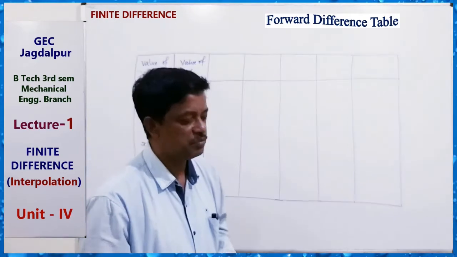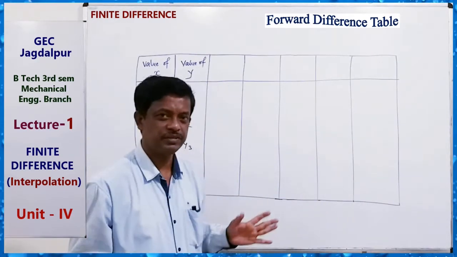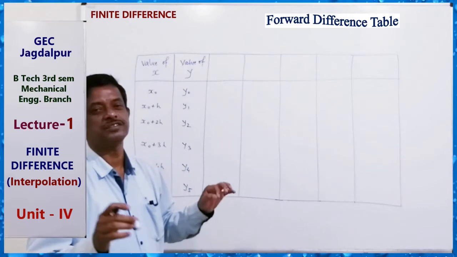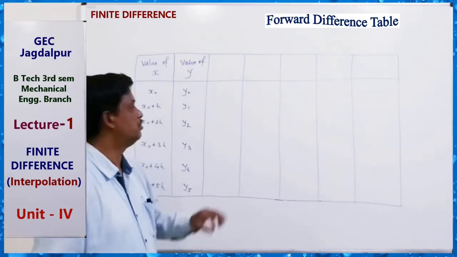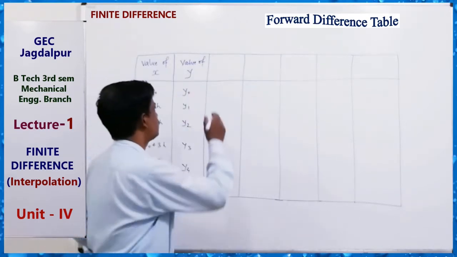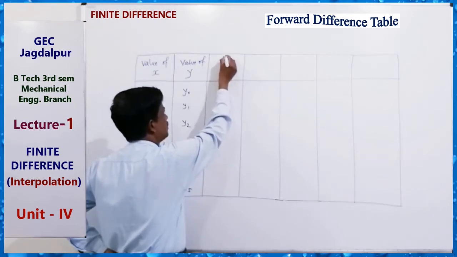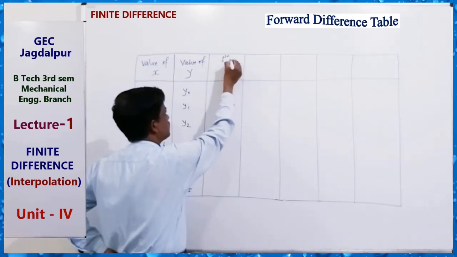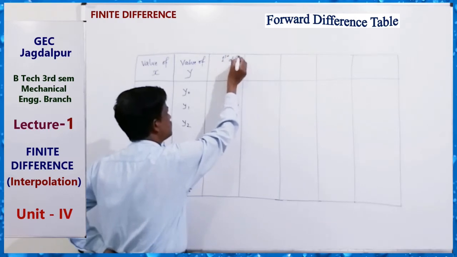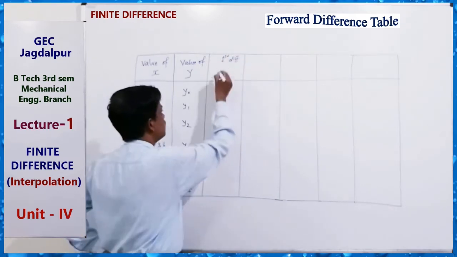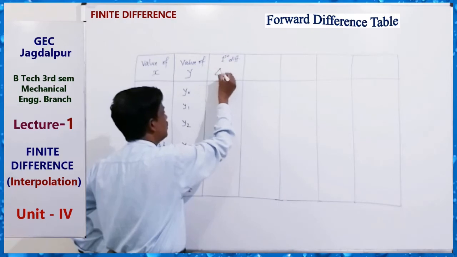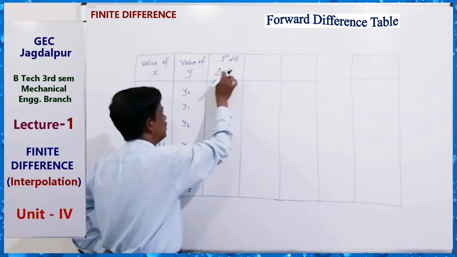The difference table making process is very simple. You only have to subtract and write the value in between. This is the first difference, first order difference. For forward, if we take the forward difference, this is del y.